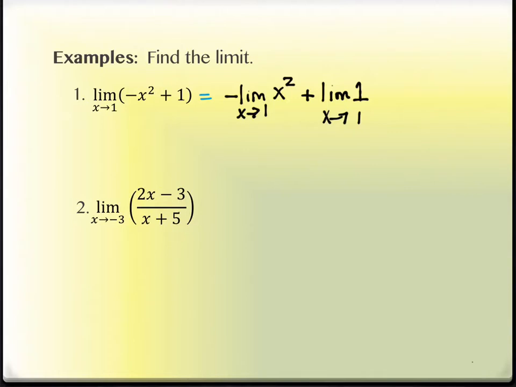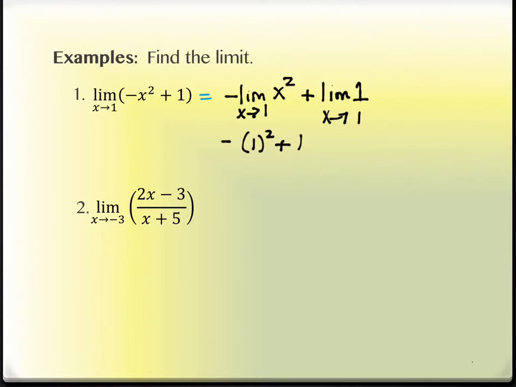Those are two of my properties. And then my other two properties that are at play say that, if I have x squared, that was one of that first set of properties that I told you about, we can simply evaluate that right there with the number 1 in for x. And the limit of a constant, so the limit of the number 1, is just 1. That's all those properties that are at work.